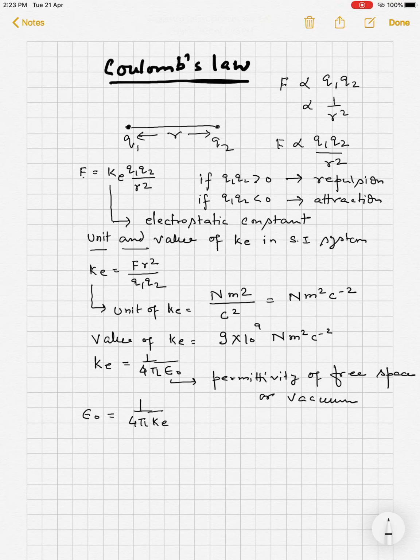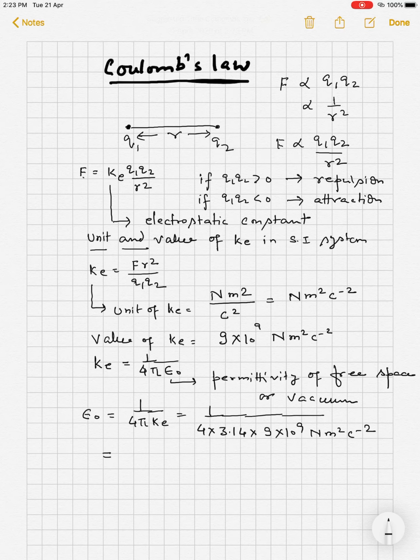By putting the values of pi and Ke, we will get 1 upon 4 into 3.14 into 9 into 10 to the power 9 Newton meter square per Coulomb square.